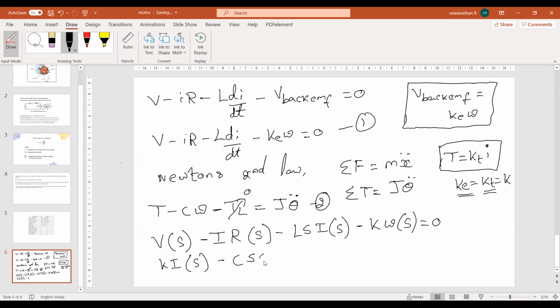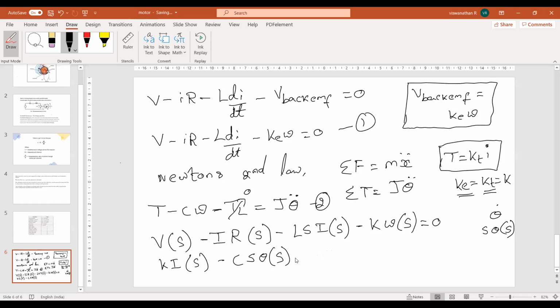Omega is theta dot, so theta dot can be written as s into theta of s.